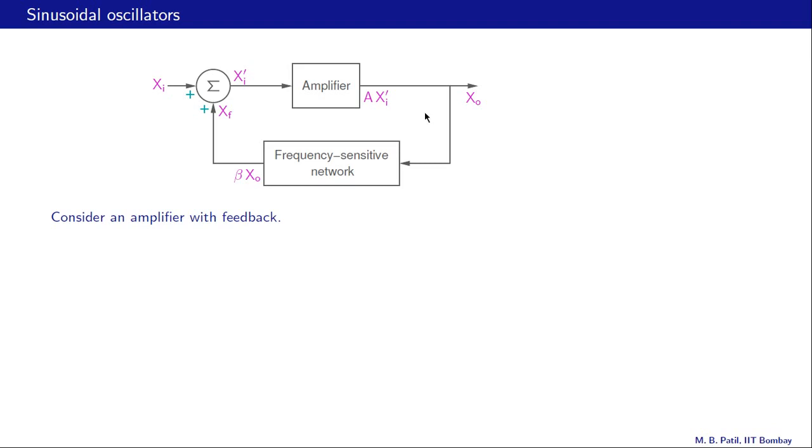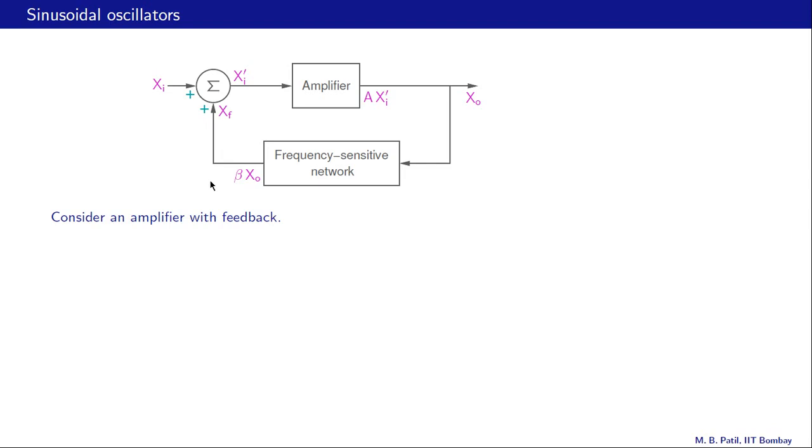Alright, now this is our output, so xo is equal to A times xi prime, and part of this xo, namely beta times xo, is fed back here as xf. So xf is beta times xo. That gets added to the amplifier input xi, and that produces xi prime.